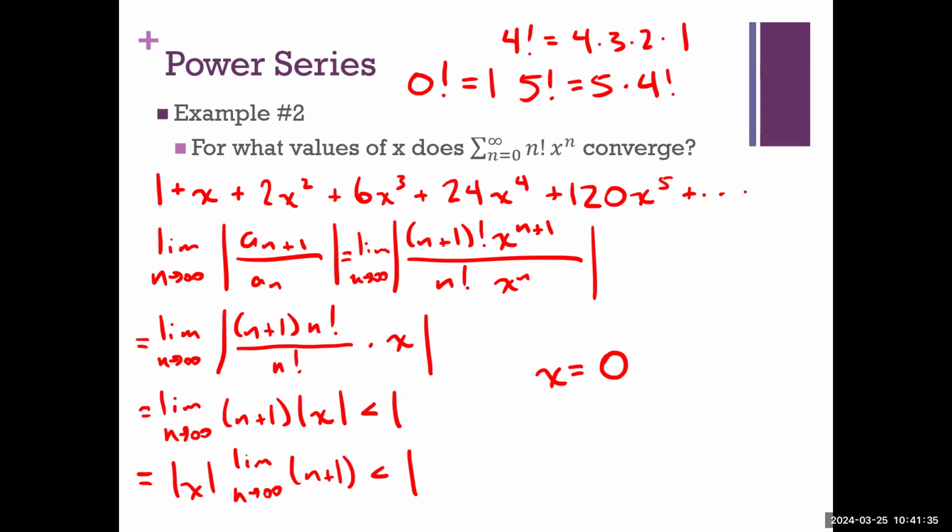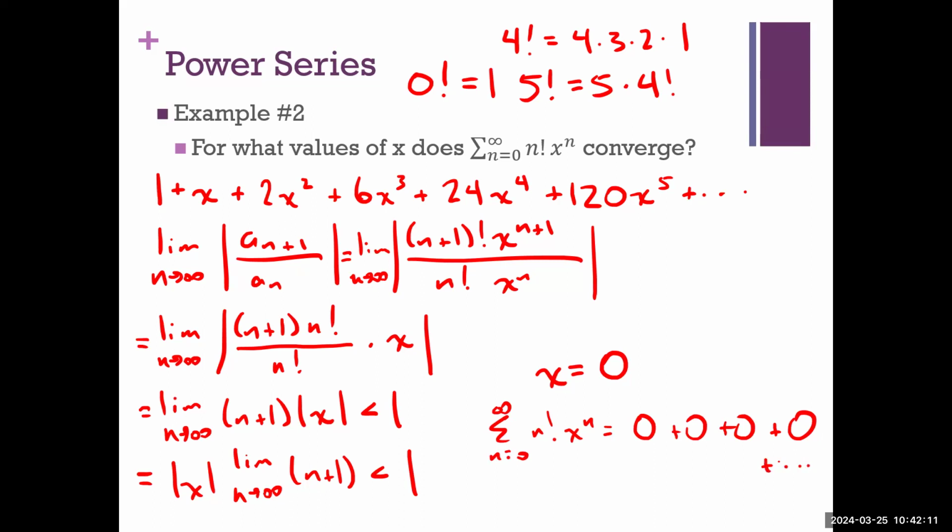Okay. So really, here's what's happening: if x is anything other than 0, eventually the limit of n plus 1 as n goes to infinity will overwhelm it. It'll be bigger than 1. So the only way this series converges is if the series looks like 0 plus 0 plus 0 plus 0, and so on.